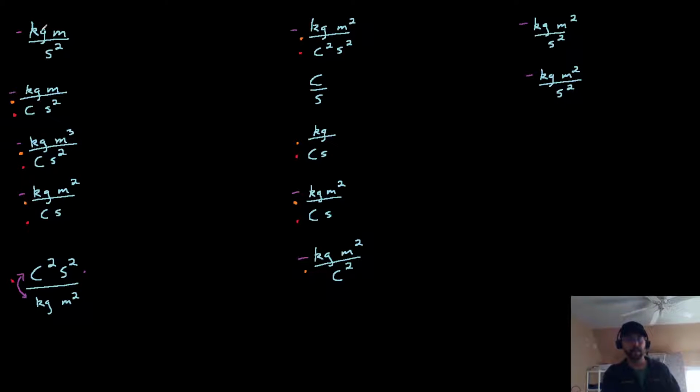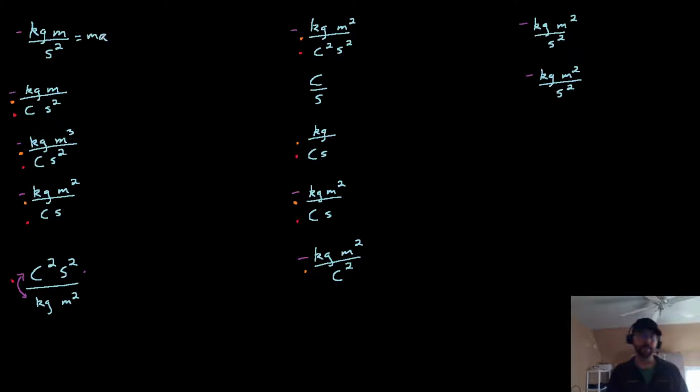So this says kilograms times meters per second squared. So this is mass times distance divided by time squared. You might notice here that kilograms is a unit of mass, meters per second squared is a unit of acceleration.